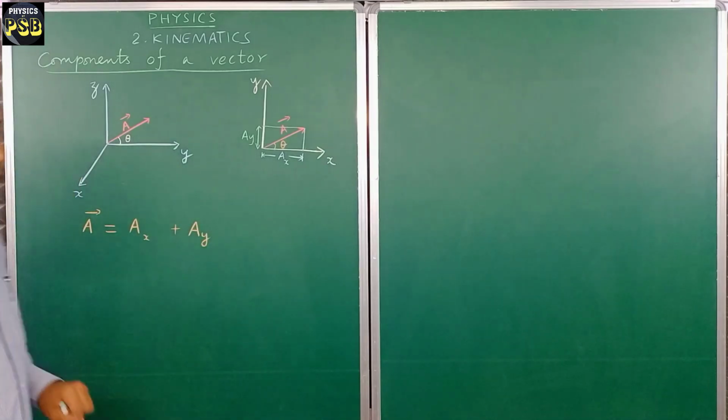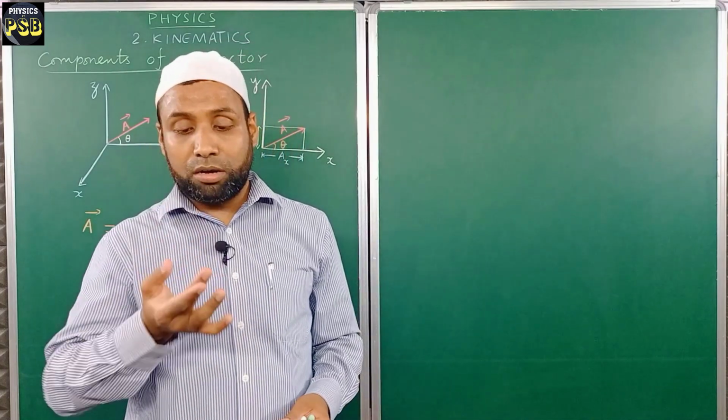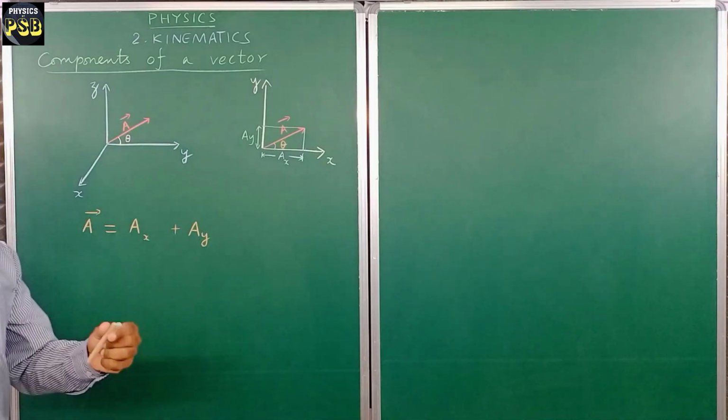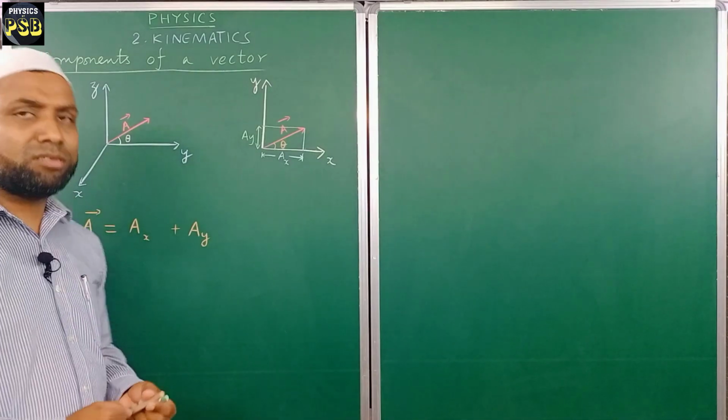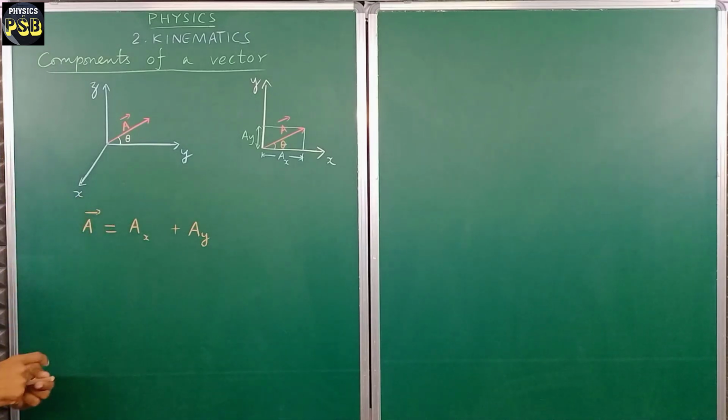Understand? Now, I have told you earlier, a vector quantity has got direction along with magnitude. Here, AX and AY represent only the magnitude. They must possess the direction in order to represent a vector quantity.